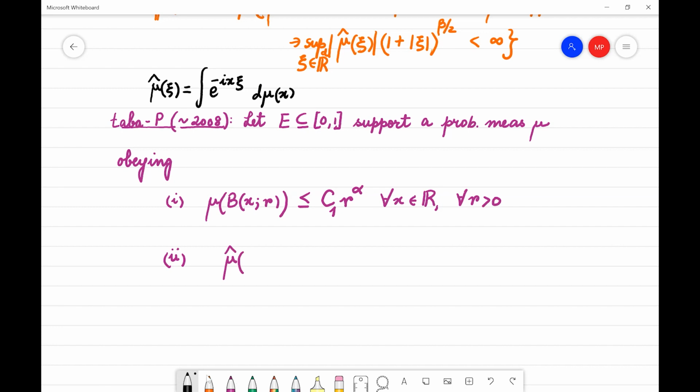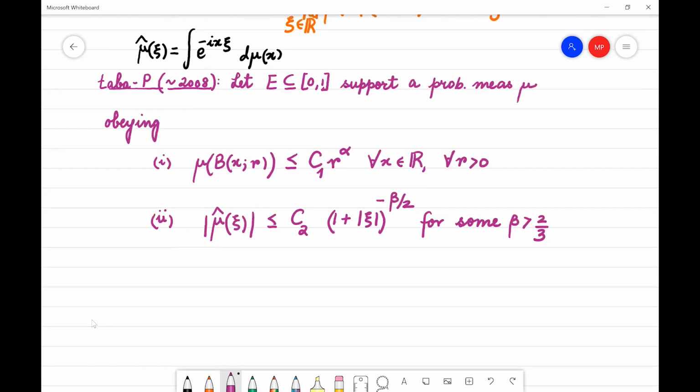All right. Now, mu hat of xi decays like mod xi to the power of negative beta over 2 at infinity. Okay. And this is true for some beta larger than 2/3.